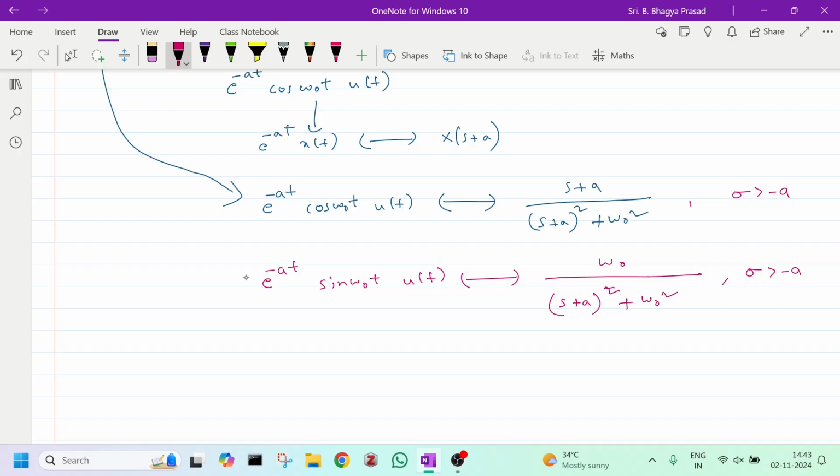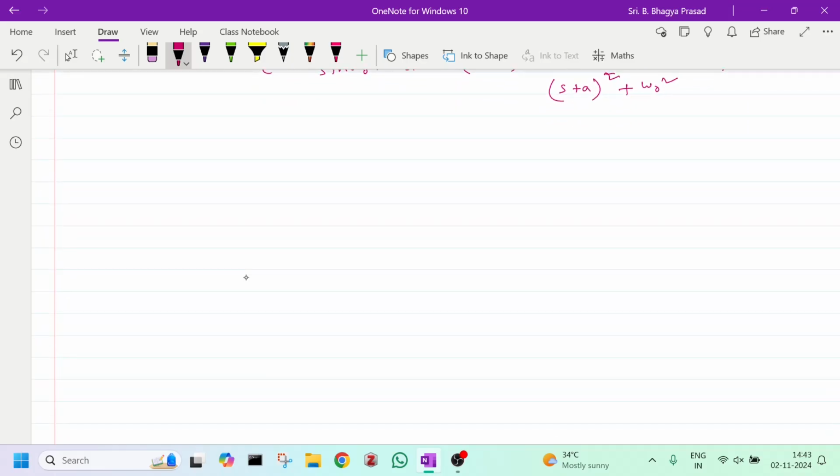Okay, the pole is minus a, so in the previous one the pole is 0. Okay, so sigma greater than 0, and here sigma greater than minus a. This makes a lot of difference, right?